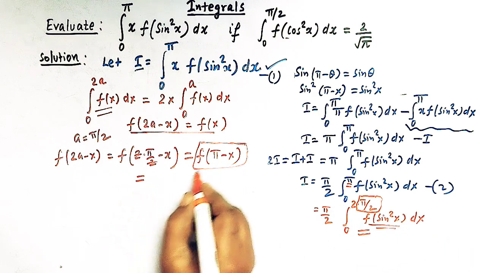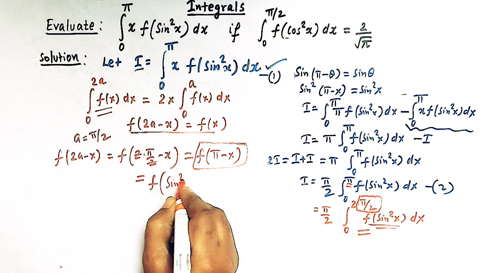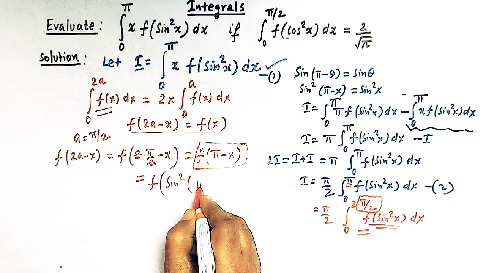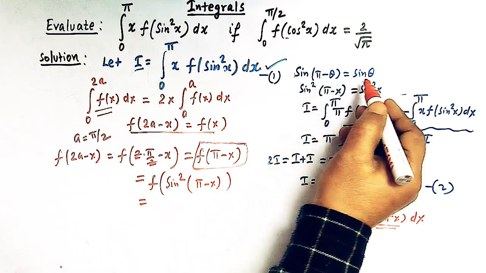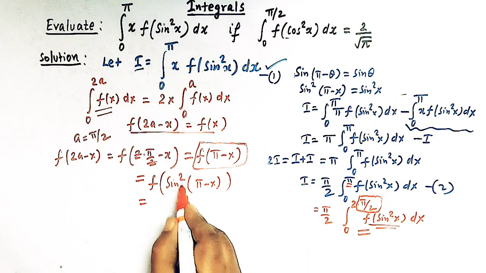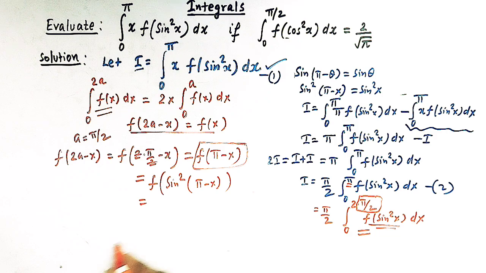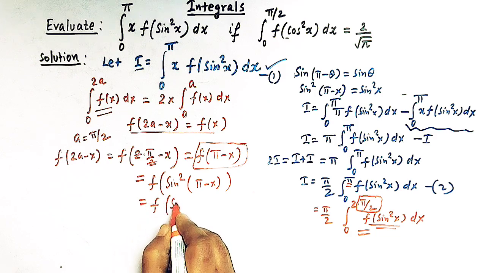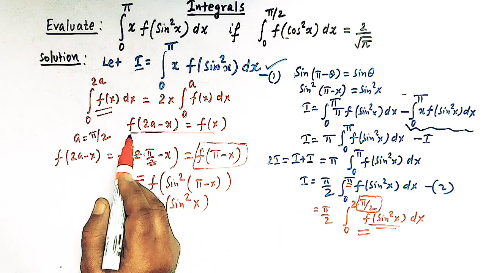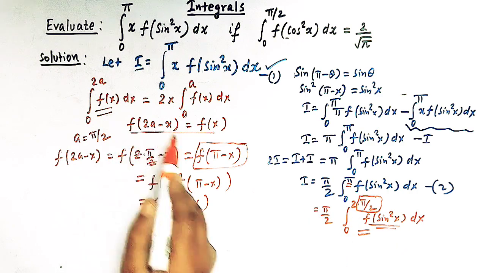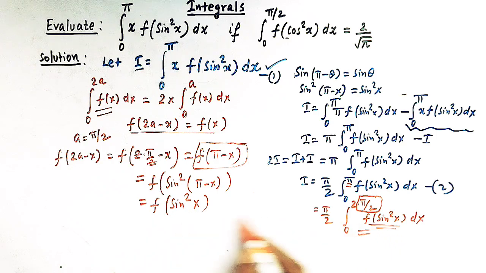So we have here f of sine square pi minus x, right? And sine pi minus theta is equal to sine theta, so sine square pi minus x is again sine square x, right? So we have f of sine square x. So here f of 2a minus x is equal to f of x, that is f of sine square x.